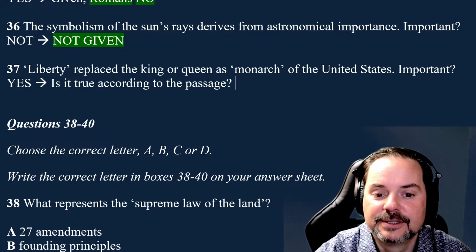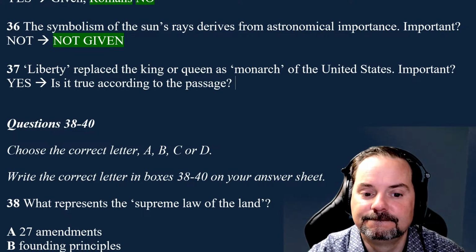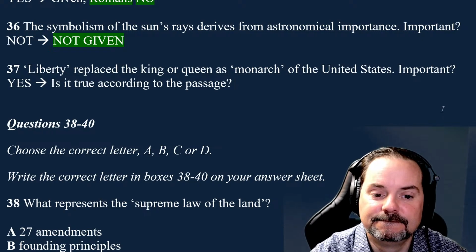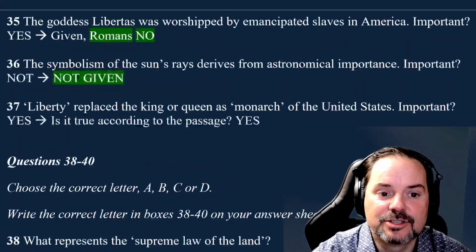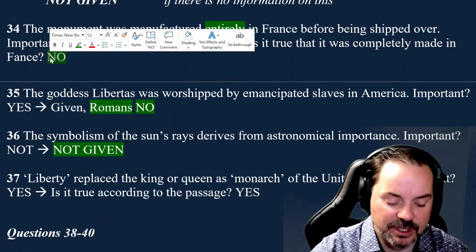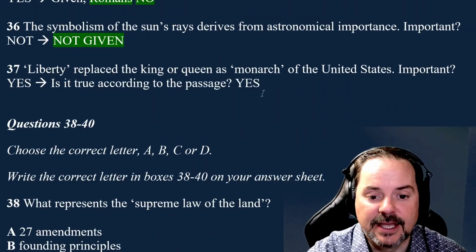Hint, hint. I think the answer is true. Yes, it's true. Absolutely. So I put no and no here, but what we should be doing is putting false. And then, yes, so it's true. You're right. The answer is true.